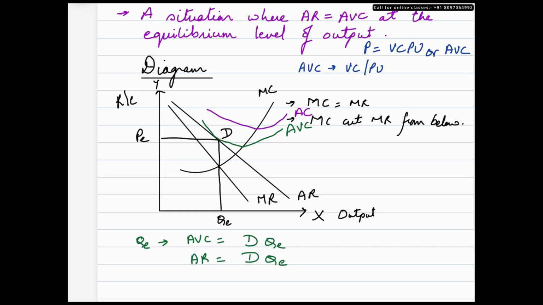Now since this firm is able to recover only average variable cost, this firm would want to shut down. So we are seeing the fulfillment of average revenue equals average variable cost, and hence the firm would want to shut down. Let me just mark it as well. So this point over here is the shutdown point. Clear? I hope the shutdown point is now clear to everyone.